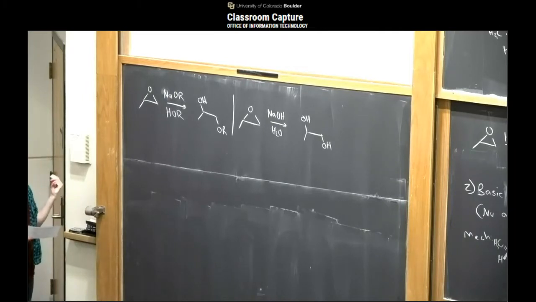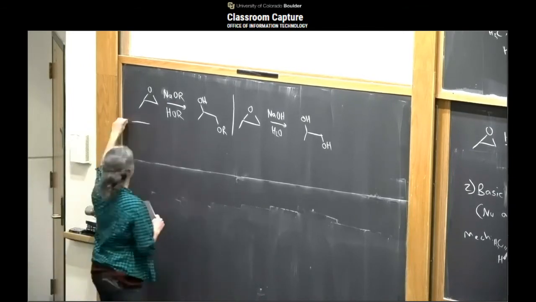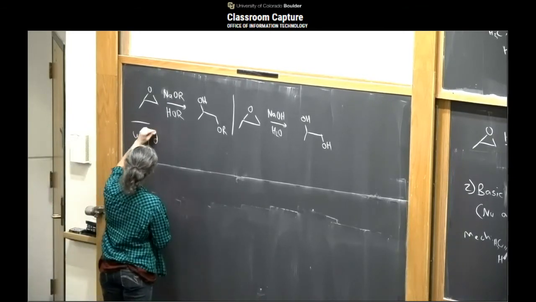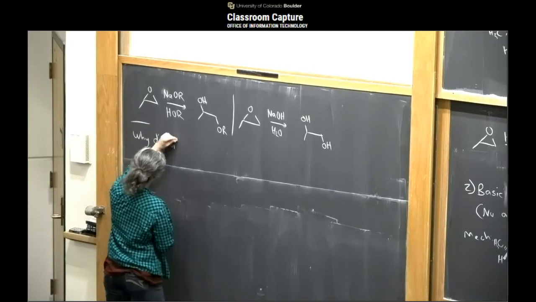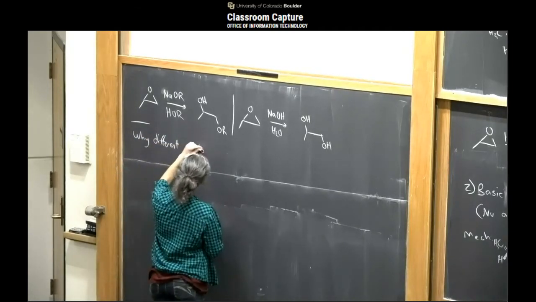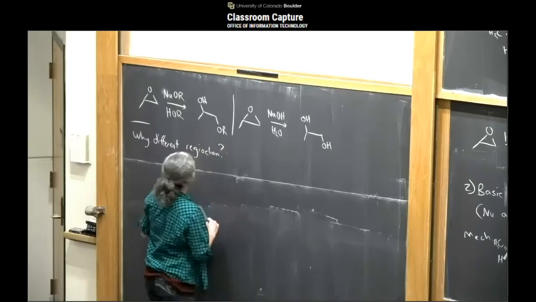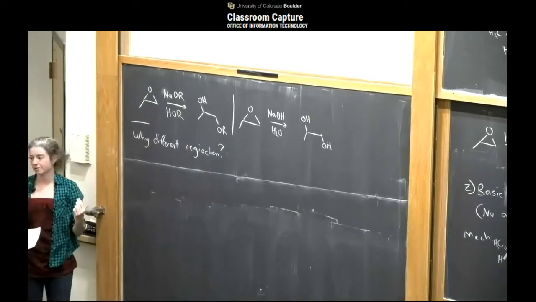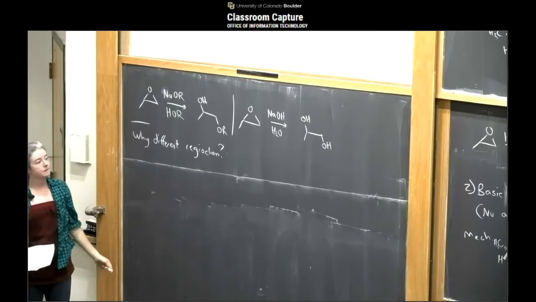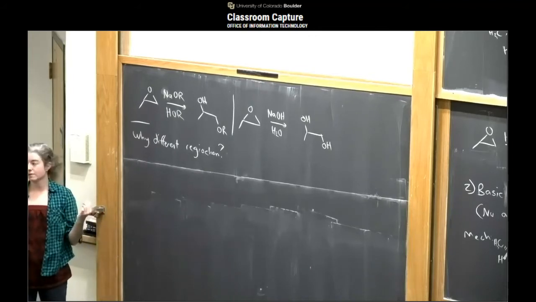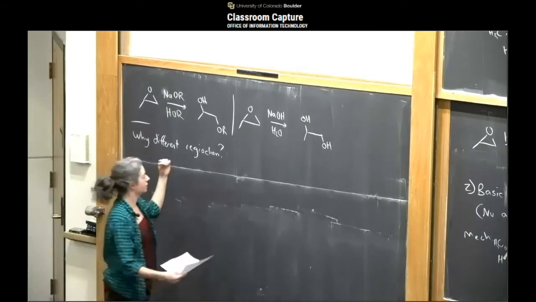Okay, so why do these two things go different ways depending on what conditions you've got? Okay, so why the difference in regiochemistry, in other words? Okay, so acidic conditions, it all comes down to the positive charge.